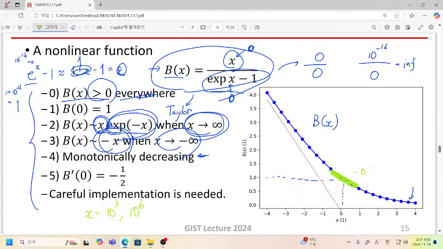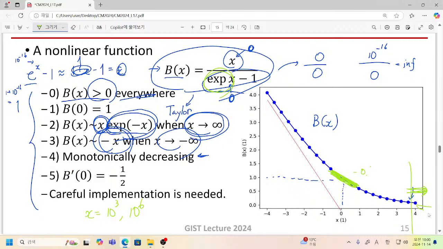If you take the exponential of 1000 or exponential of 1 million, then it will immediately give you an infinity number, infinity minus 1. So that will also make some problems in your case. Simply speaking, if your input argument is far larger than a certain number in the positive direction, please treat it as just number 0 because it is rapidly decreasing.